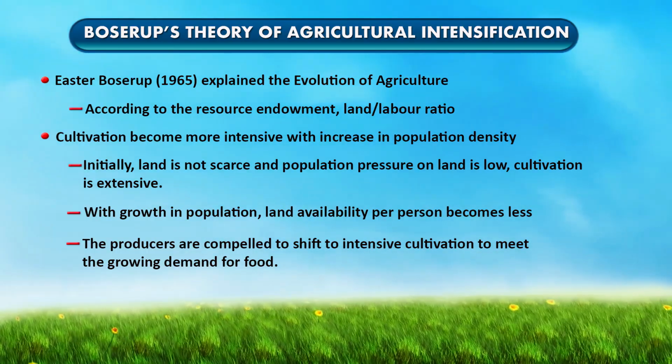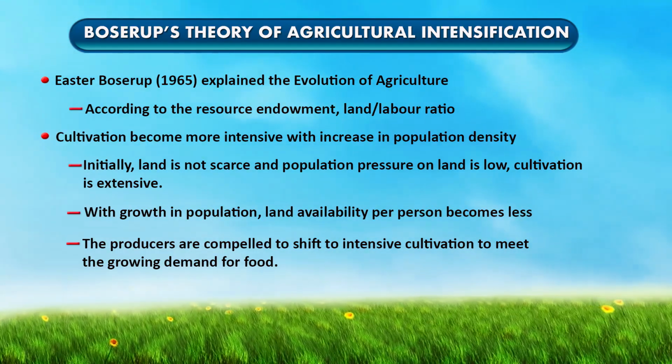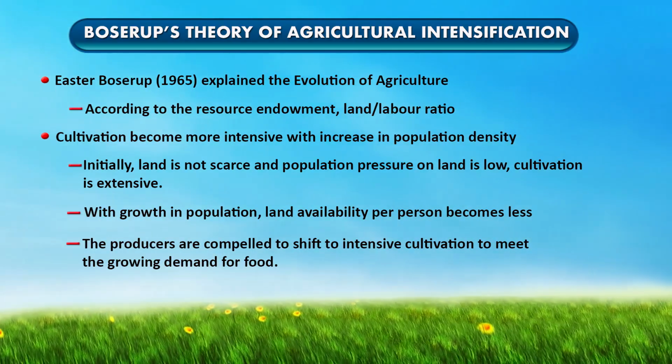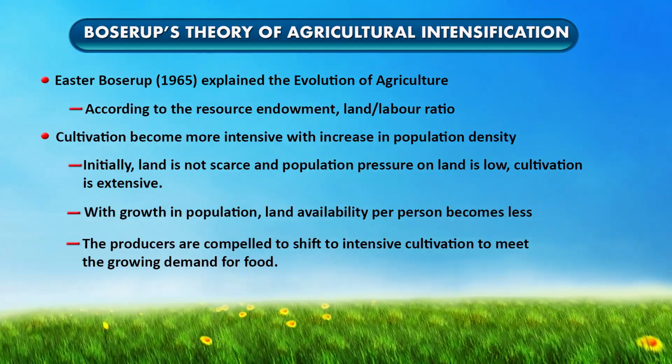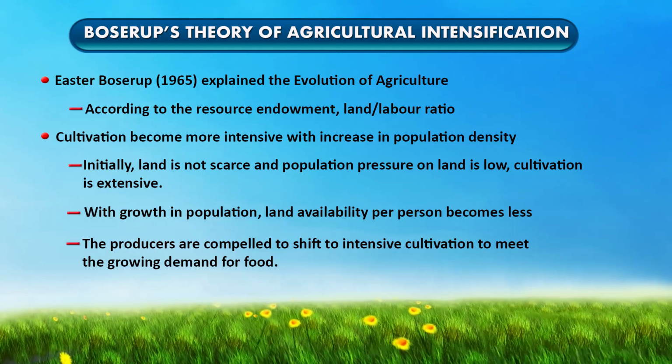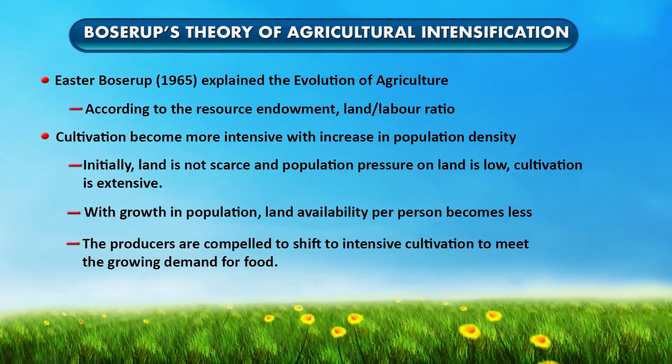So the producers are compelled to shift to intensive cultivation to meet the growing demand for food, because after the population increases in the economy, we need to go for intensive cultivation to meet the food requirement in a country.